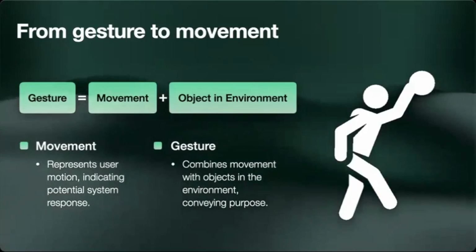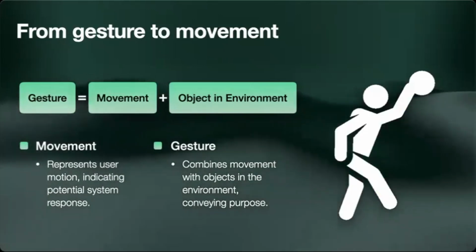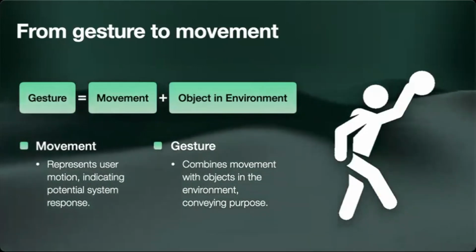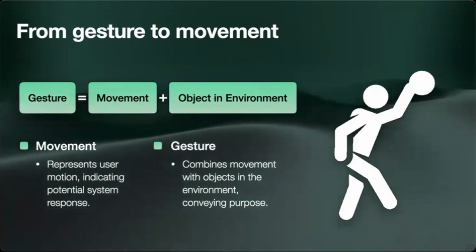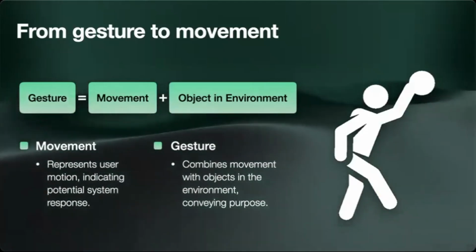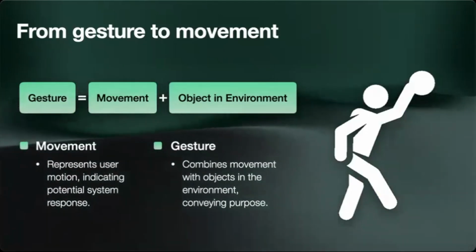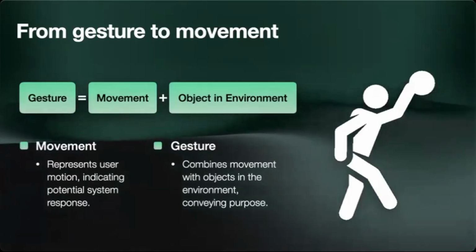Now, applying Saussure's semiotic structure, gesture can be understood as a process of symbolizing movements. When movement is combined with an object and environment to convey a specific meaning, it becomes more than just movement. It becomes a gesture. So this can be described by the structure sign equals signified plus signifier.